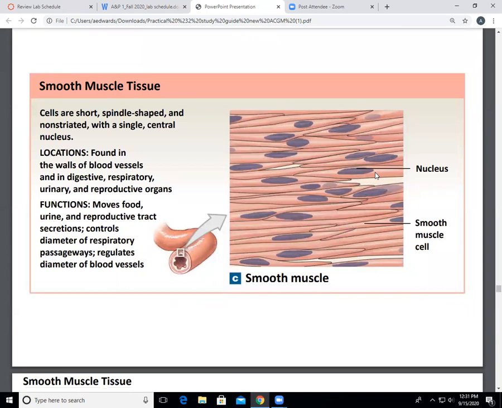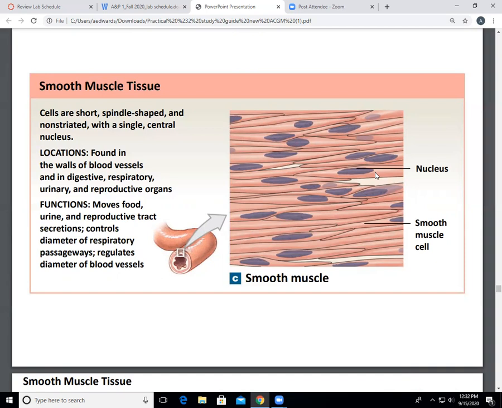Last type of muscle, smooth muscle. Smooth muscle, these are short cells. They're spindle shaped, which means they're narrow and have points at the end. Single nucleus per cell. So the only one that is multinucleated is skeletal muscle. Where do you find smooth muscle?